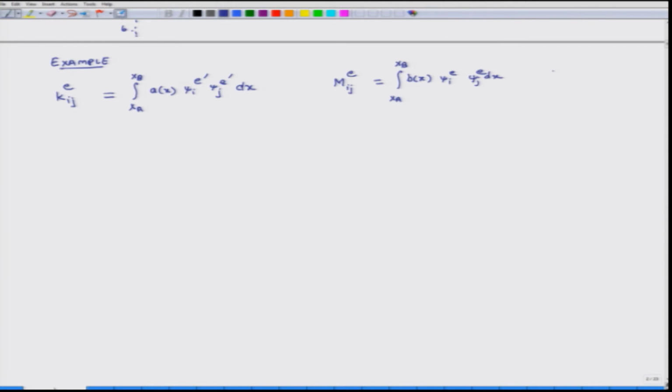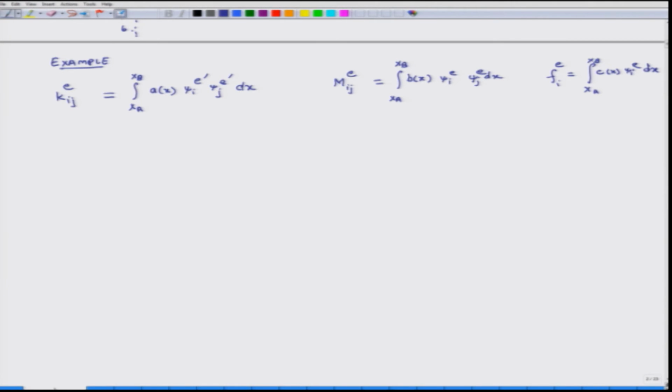And the third example could be a force vector f_i^e equals the integral of c(x) psi_i^e dx. So, again the integral is from x_a to x_b.